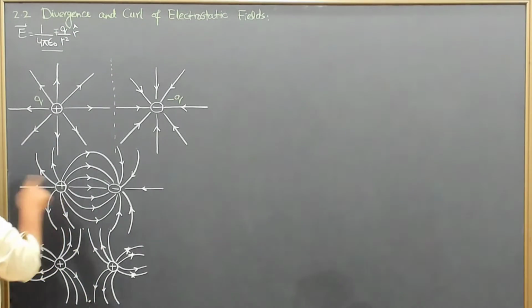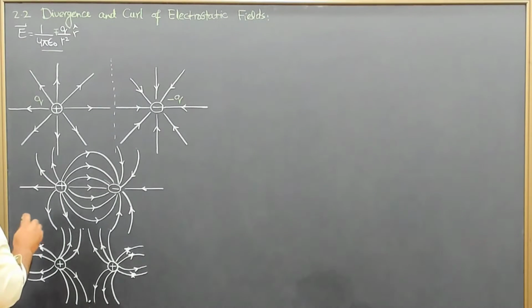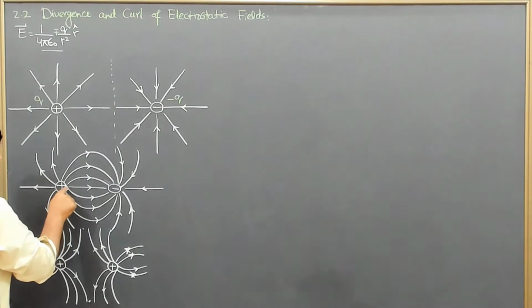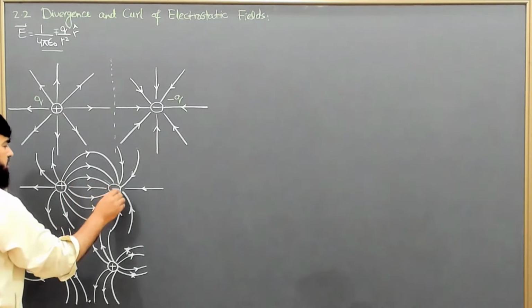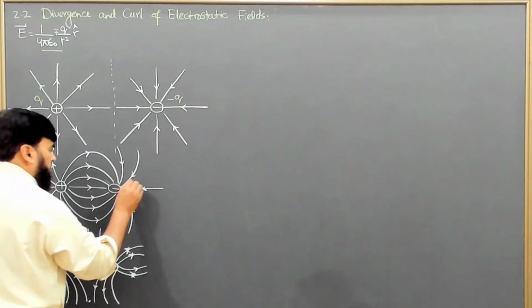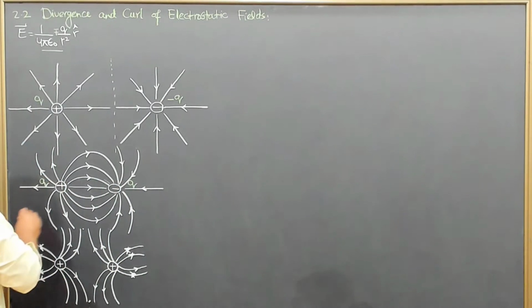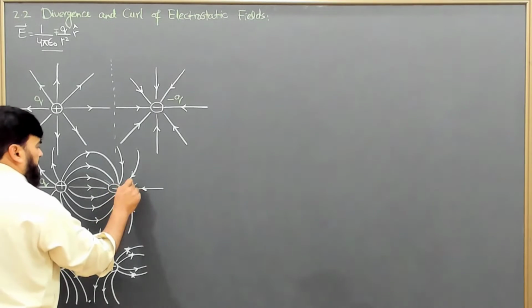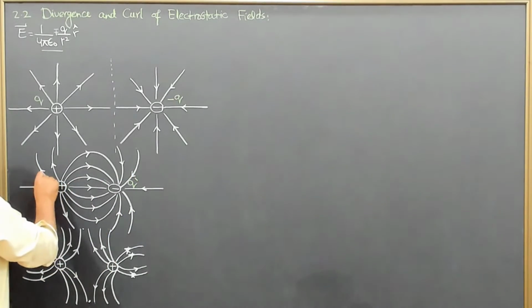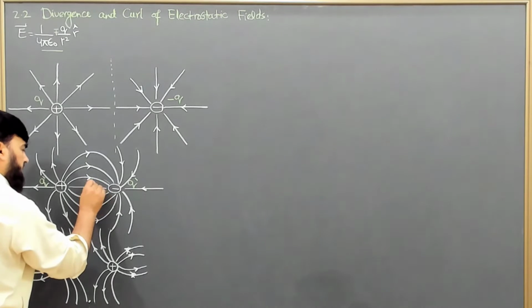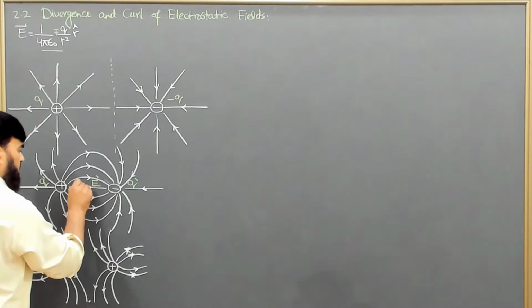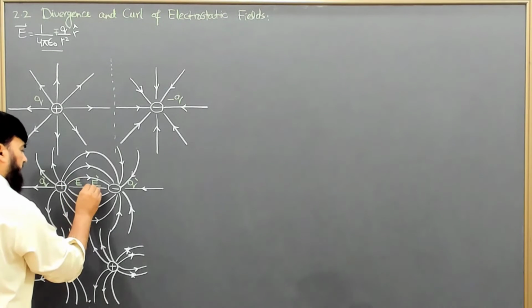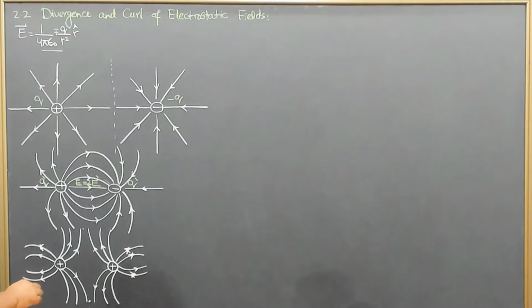And when we are here, the electric field will be the electric field of this one plus the electric field of this one. If these magnitudes are equal, for example Q and Q, and their field individually is equal to E prime, then the total electric field here at the center will be equal to 2 times the electric field of each.